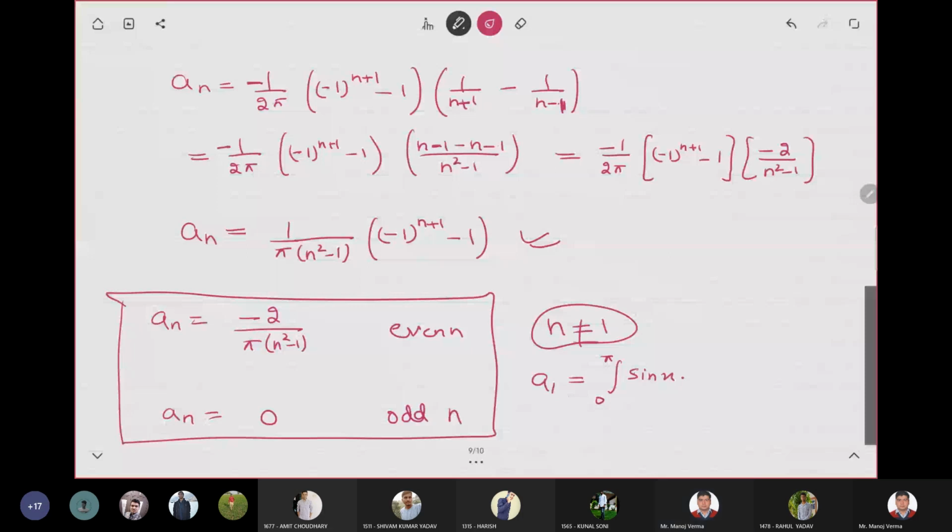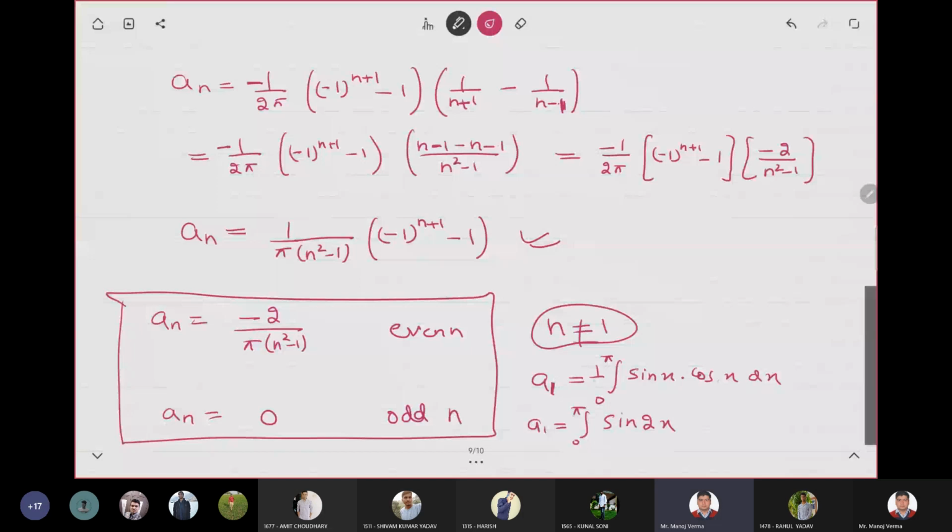Okay, right? So this will become, oh sorry, for calculating an, it must be cos x. So sin x cos x will become, a naught will become 0 to pi, sin x cos x will become sin 2x.